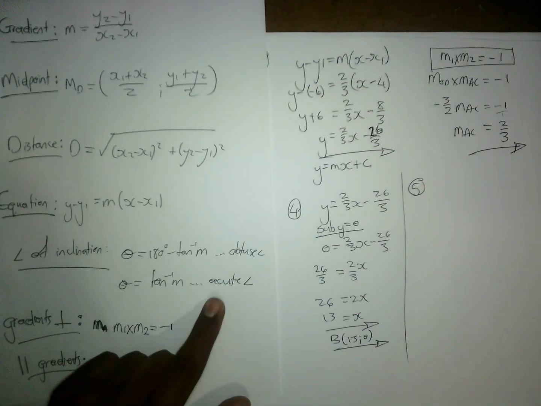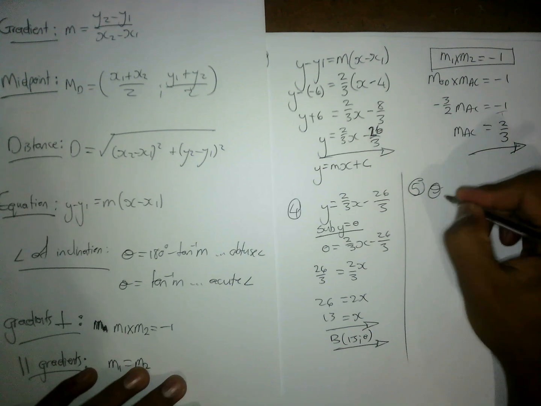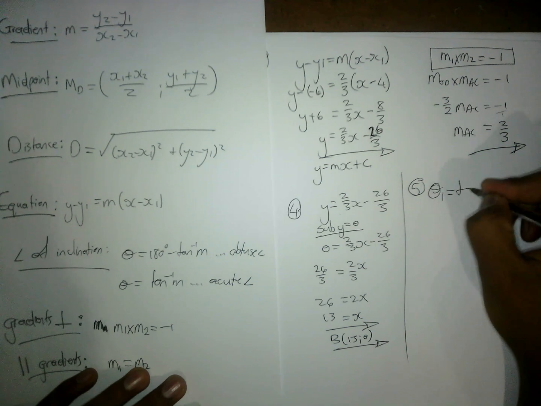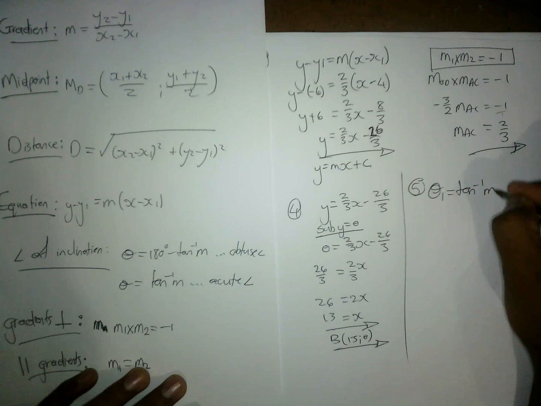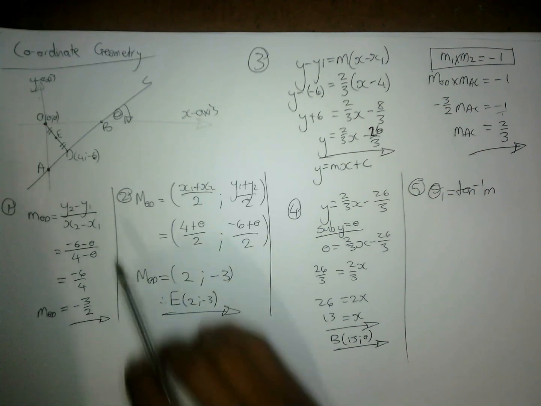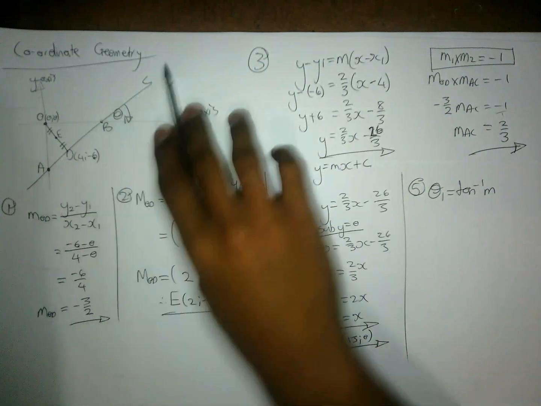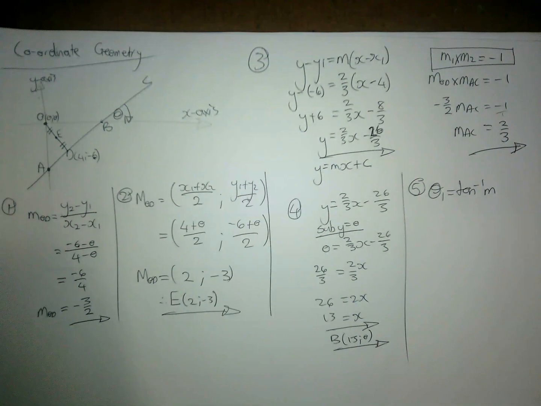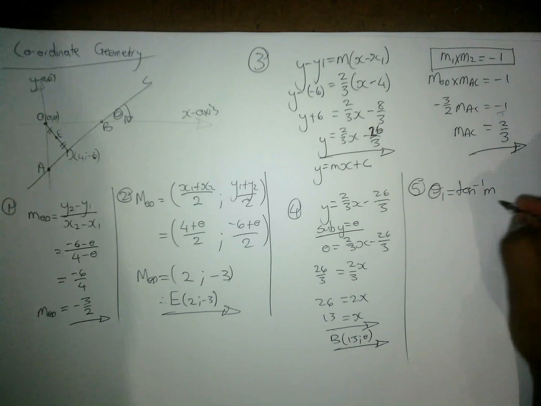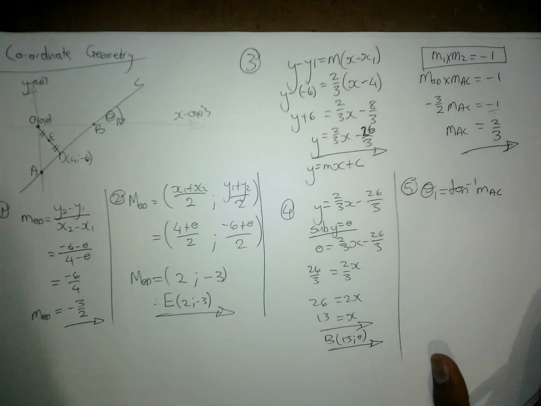For an acute angle, we take theta 1 equals tan inverse of m. So we're using the gradient of line AC because it is this line we are using. So it's going to be gradient AC.